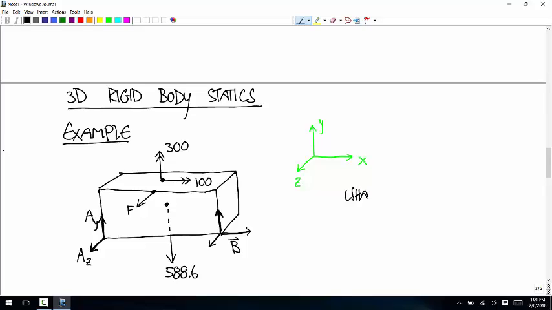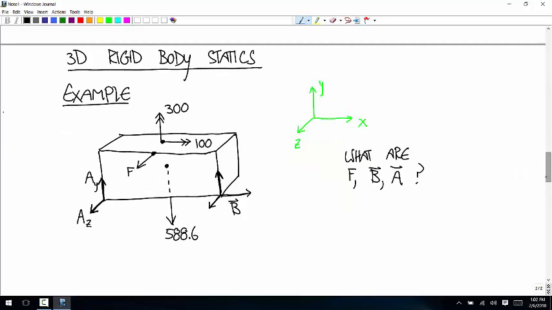And we want to calculate F, B, and those components of A. How many total equations are we going to get from Newton's laws in a 3D problem? 6. Yep, 3 from the moment equation, 3 from Newton's second law.